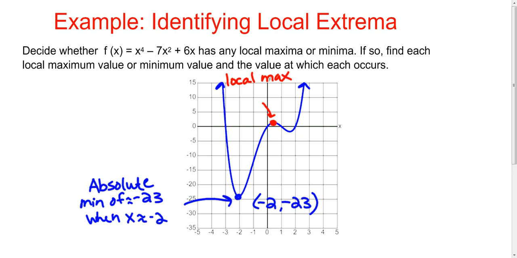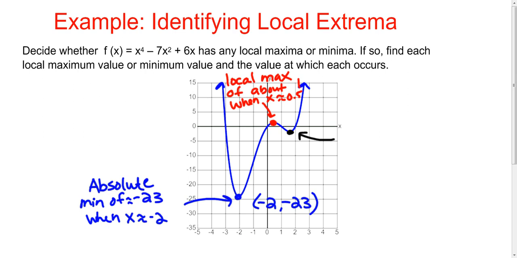So you would call it a local max. And I would say that that y value is about 1 when x is about 0.5. Okay, that's what I would say about that point. And then this point right here is a local min because it's the lowest point of anywhere around it.